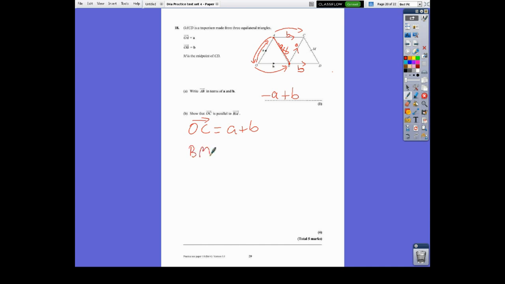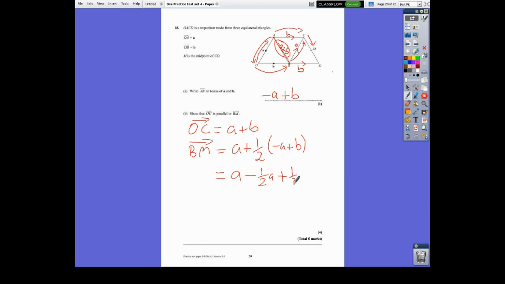To get from B to M, we need to go along an a, so up here, and then we need to go down this one, but only halfway. Now going down there will be the same as this one. So it would be plus a half of (−a + b). If we expand that out, we would get a − ½a + ½b.